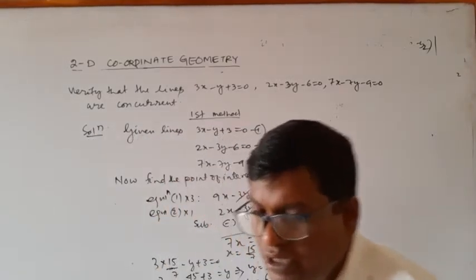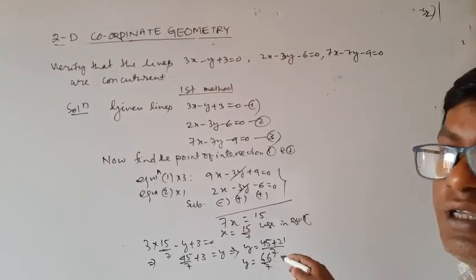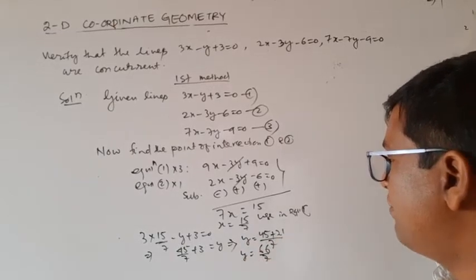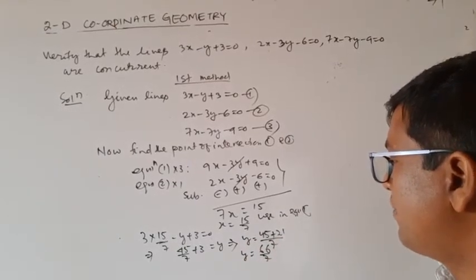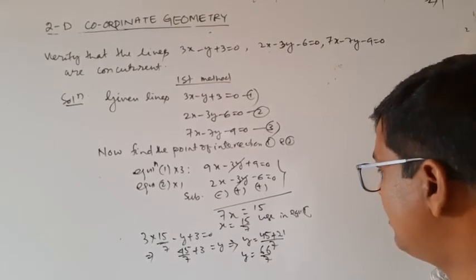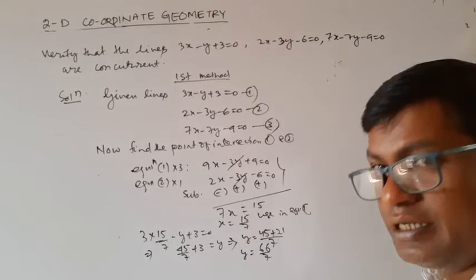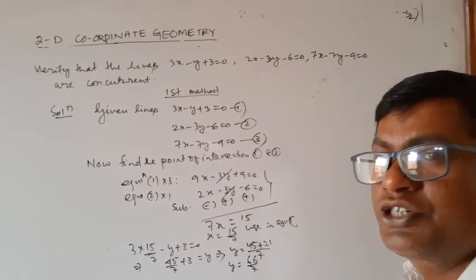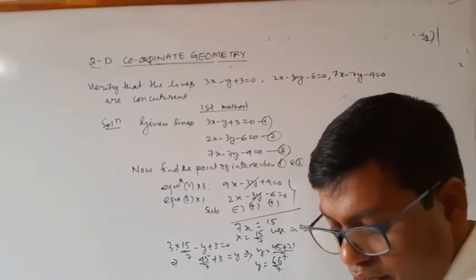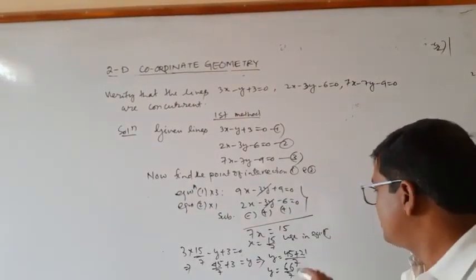Now the point of contact. The y value is 45 by 7 plus 3 is equal to y, and solve this. Y is equal to 66 by 7.